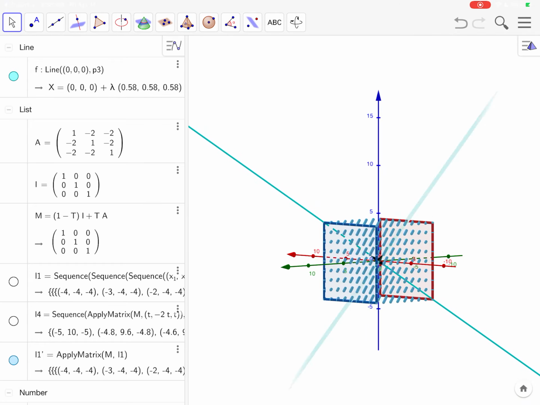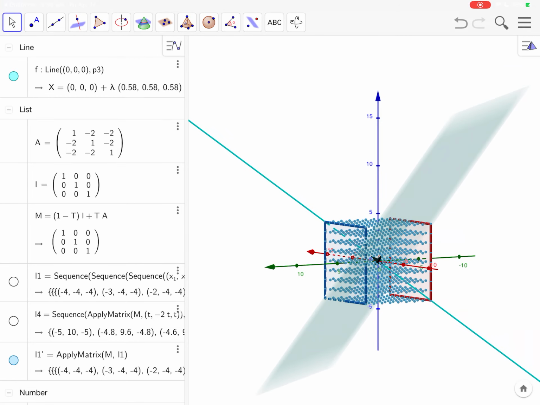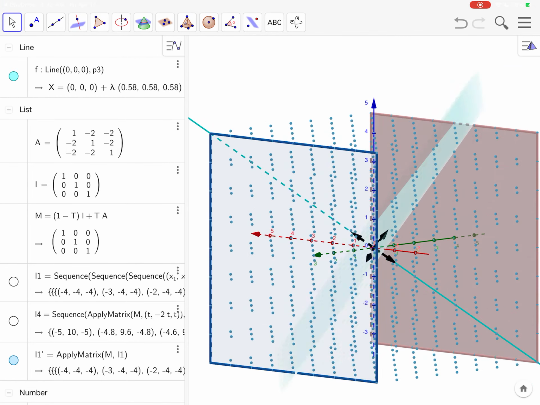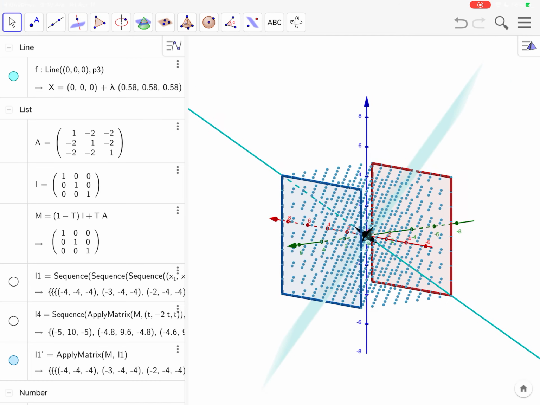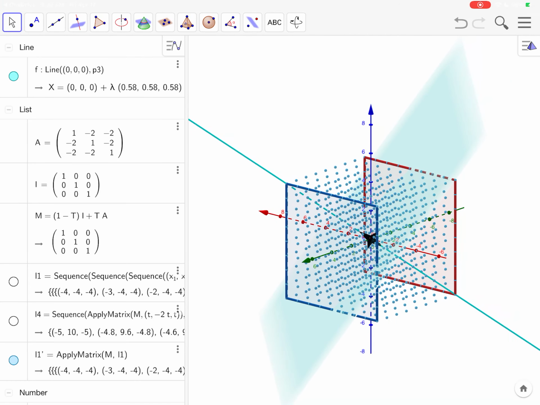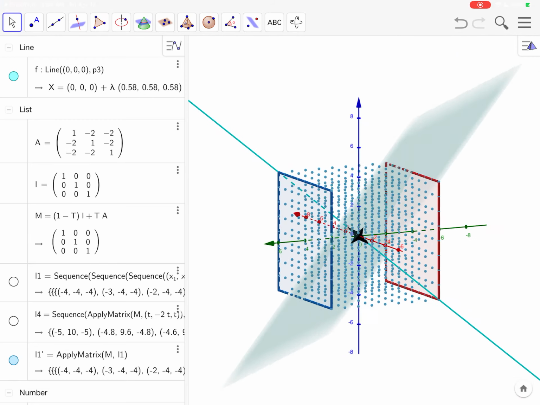And in light blue, you can notice that I have a plane here. That plane is related to the eigenspace determined by the eigenvalue 3. So yeah, that plane is all of the different linear combinations of the two eigenvectors corresponding to lambda equals 3.